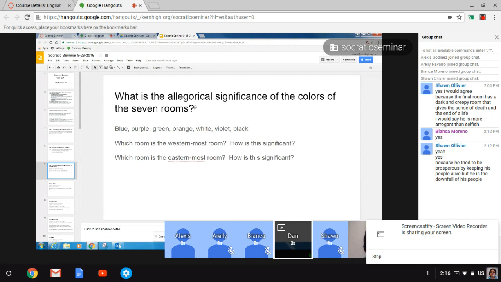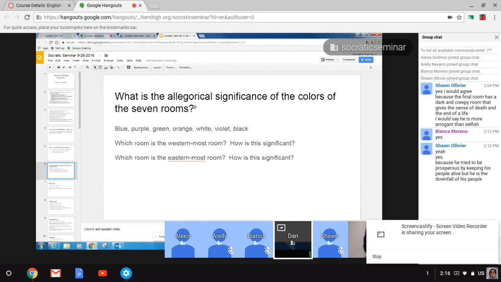What is the allegorical significance of the colors of the seven rooms? All right, now we can see that the first room is blue. And one thing that's interesting about the blue room is that it is the westernmost room.